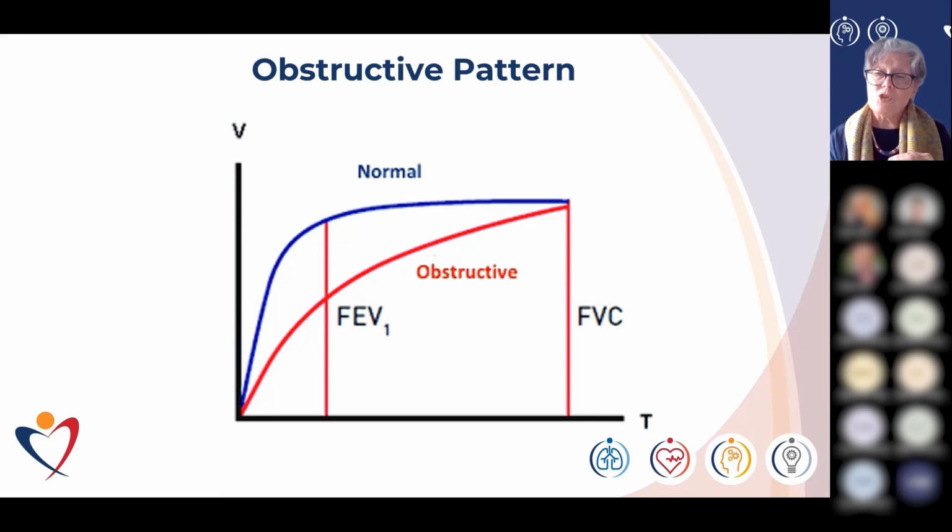So if something is obstructing the airway, the amount of air that came out in that first second is reduced. So the ratio is going to be reduced. They're not going to get 70% out in that first second of the total volume. So that's what we refer to as an obstructive pattern.